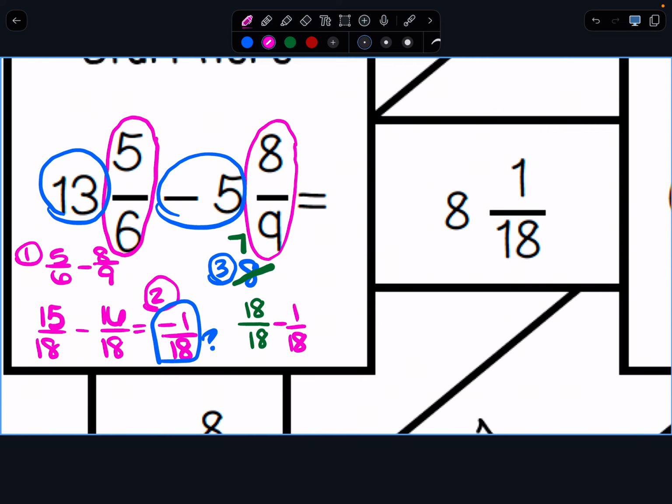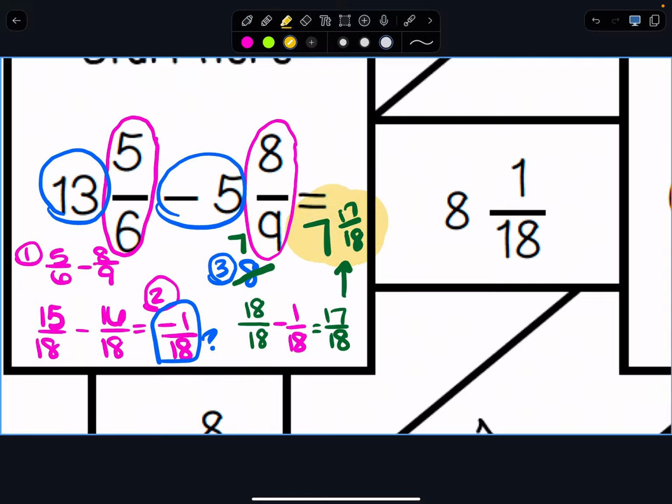And the one that I borrowed is 18 over 18. I chose 18 because 18 is in my denominator here. So I borrowed 1 from the 8, made it a 7, brought that 1 down, and I'm going to subtract 1 over 18 from it. So this gives me 17 over 18. So I get 7 and 17 over 18 as my answer.